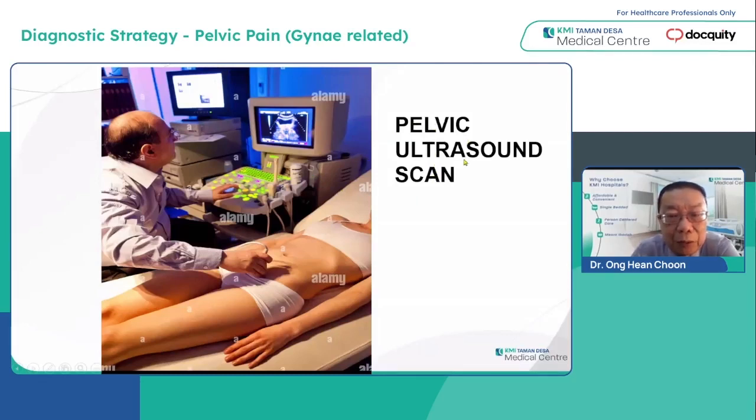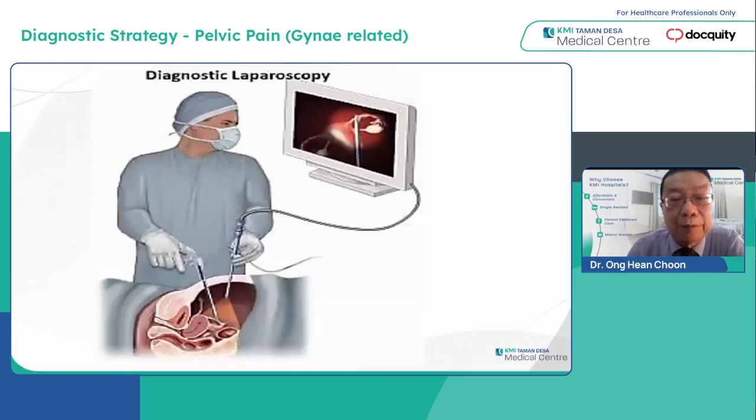With good practice with ultrasound scanning in the pelvis, you can make your diagnosis even sharper, and you can really come to a good diagnostic conclusion. And of course, if you refer to a gynecologist, in some instances, we may have to do a diagnostic laparoscopy to further evaluate the pain and to really come to a final conclusion as to what we are dealing with in that particular woman.